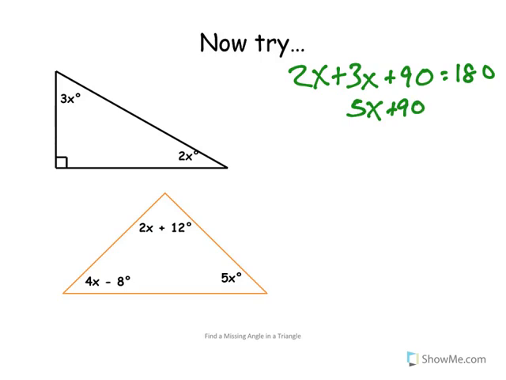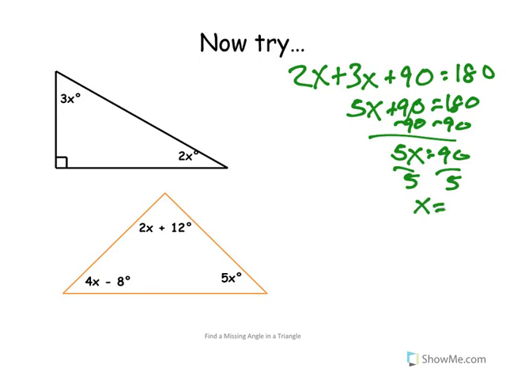So now I've got 5x plus 90 is 180, which means 5x is equal to 90, which means that x is equal to 18. So if x is equal to 18, 3x is equal to 54 degrees, and 2x is equal to 36 degrees, and 36 plus 54 is 90, plus the other 90 will give us our 180.